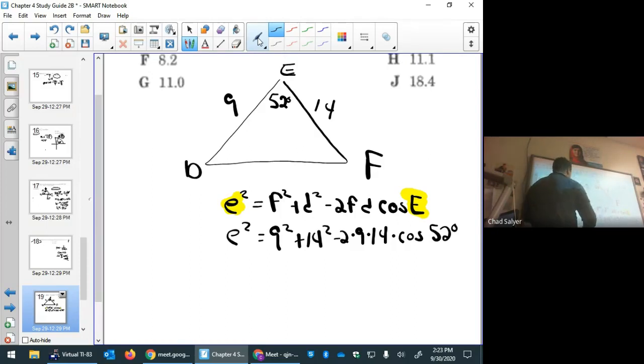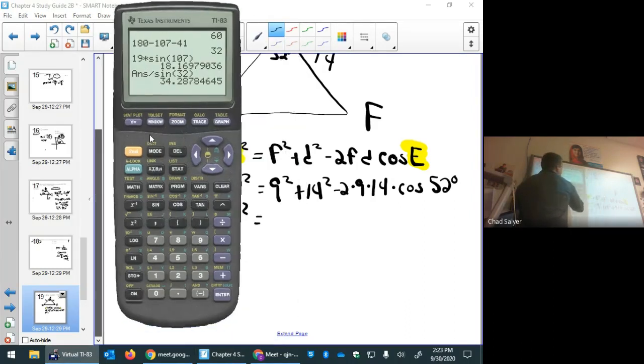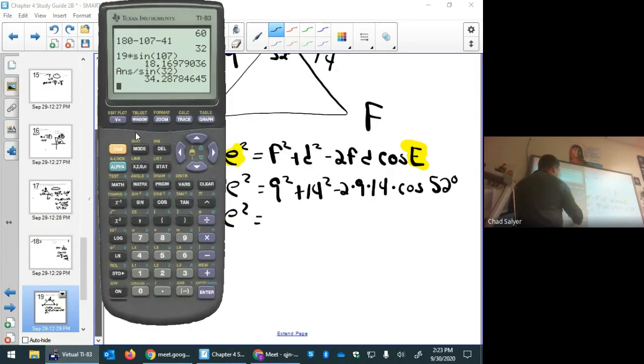And so E squared, if I estimate this with my calculator, there's no variables on the right side there. I can just plug that whole string in. Times cosine 52.